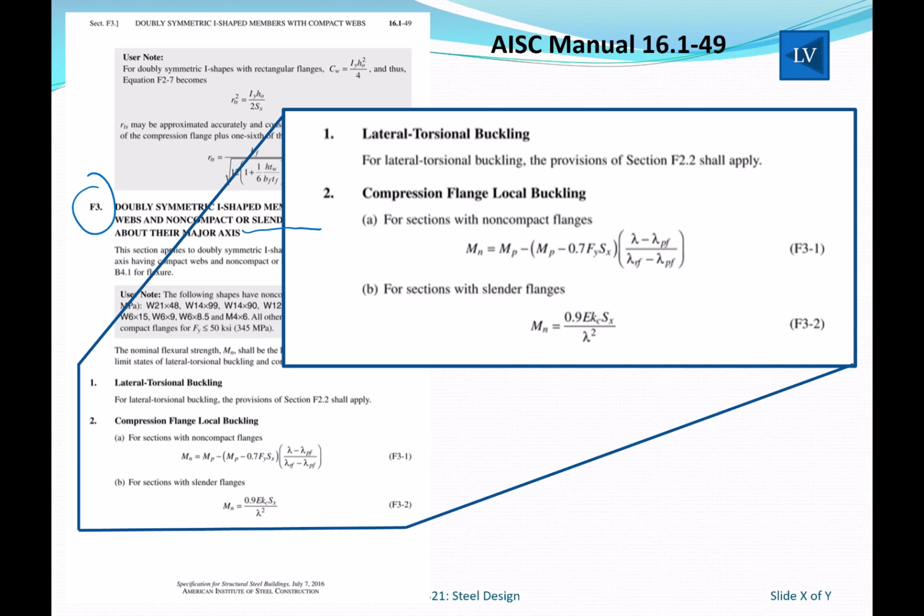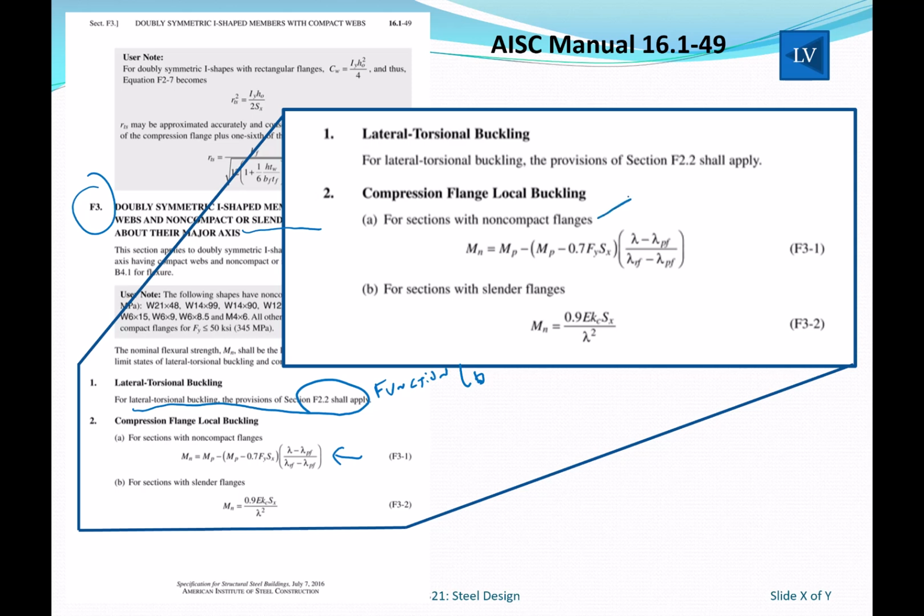We have to look at number one, lateral torsional buckling, just like we did before, F2-2. So again, that's a function of L sub b. The longer the L sub b, the lower the moment strength. But if we have a non-compact flange, we use this formula, and notice the subscripts p sub f.